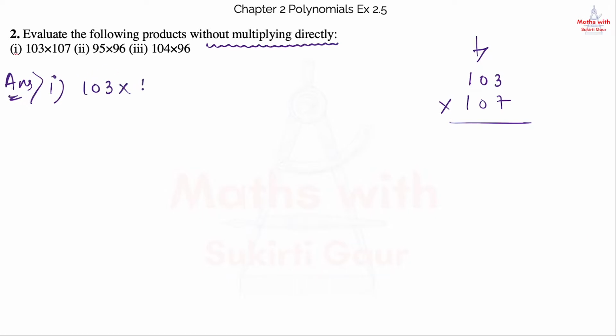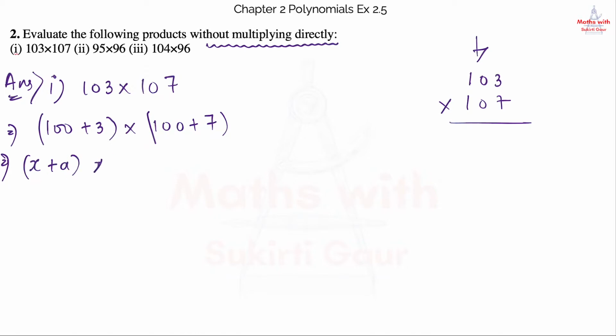First part is 103 into 107. Now for this, can I write 103 as 100 plus 3? Yes. And 107 as 100 plus 7. Here we can see it is in the form of (x plus a) into (x plus b).